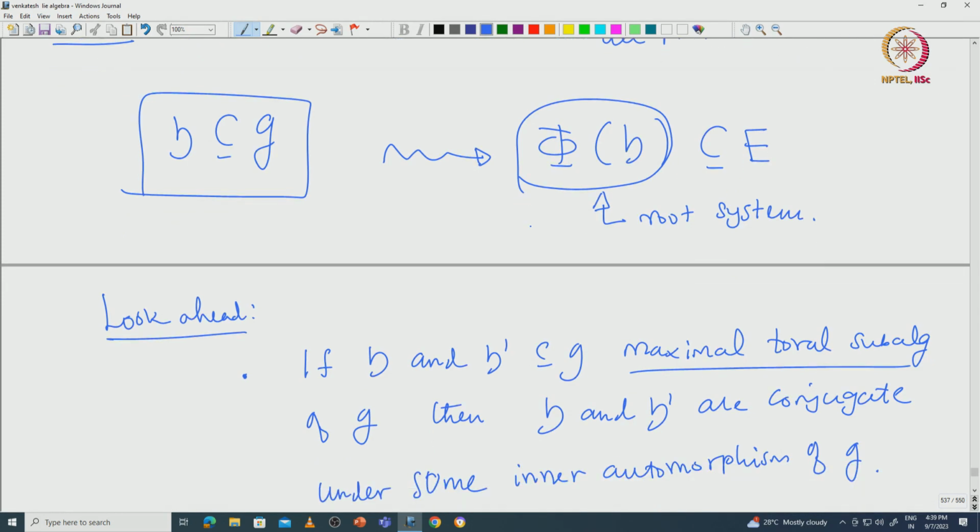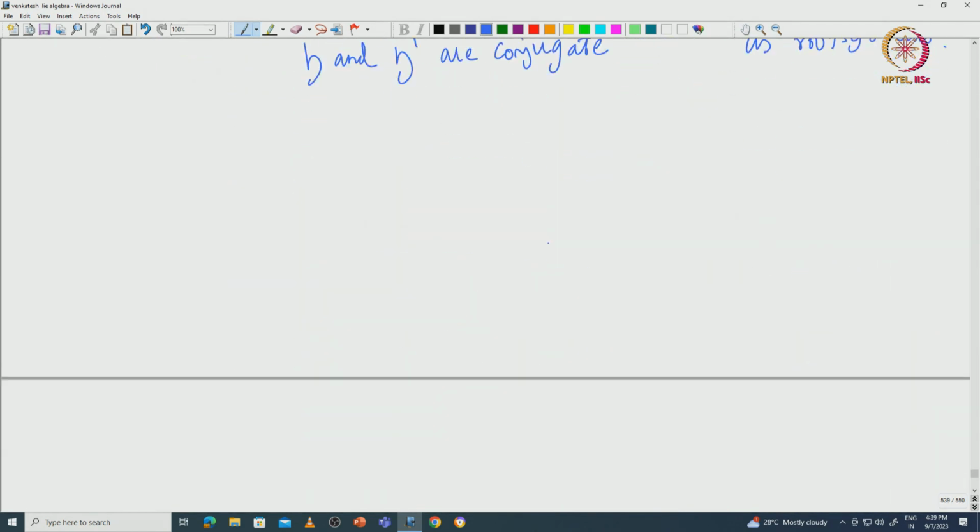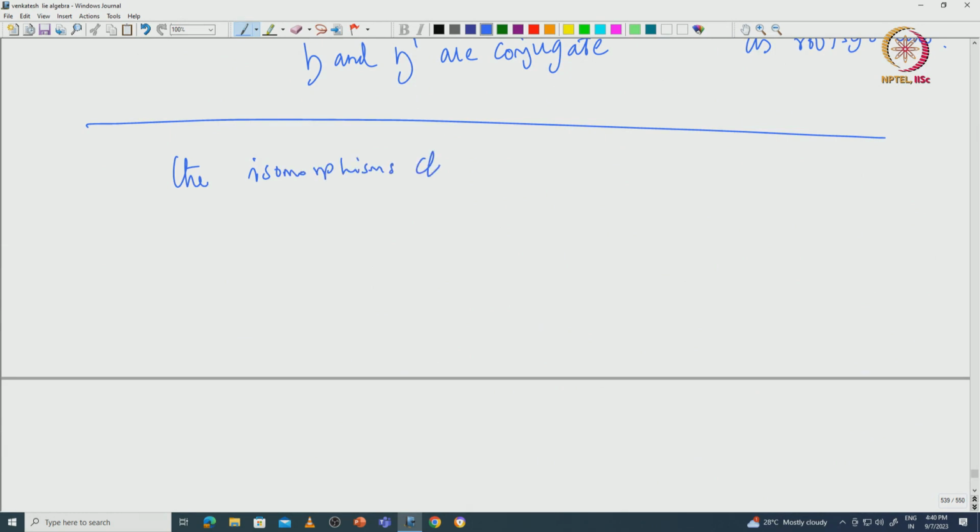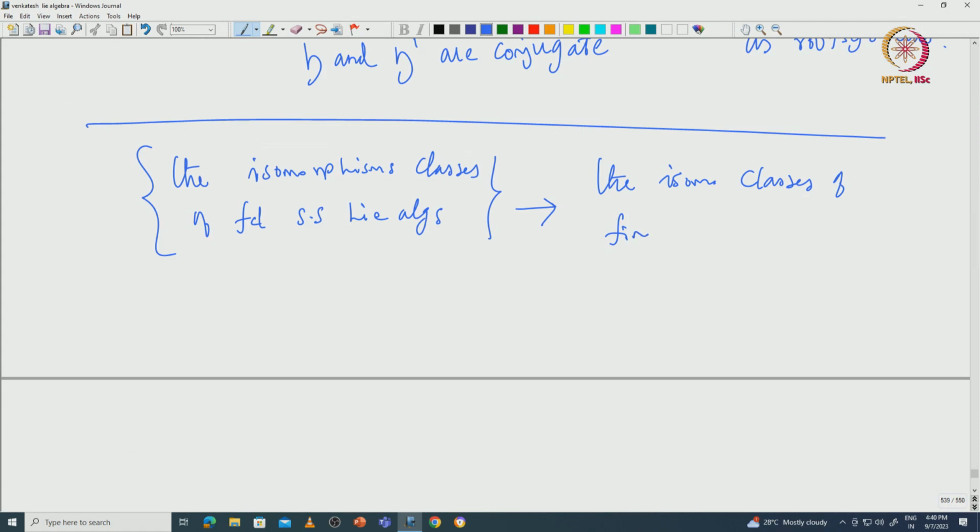So, that tells us that this association that we have made is actually a well defined map from the isomorphism classes of finite dimensional semisimple Lie algebras to the isomorphism classes of finite root systems.